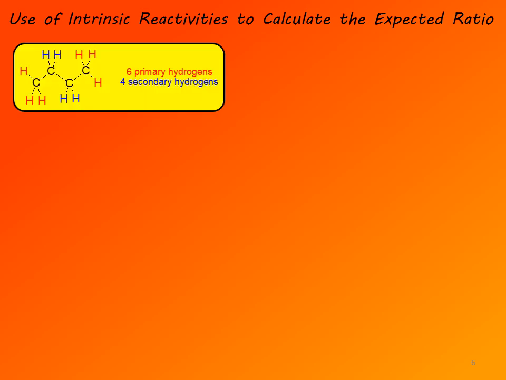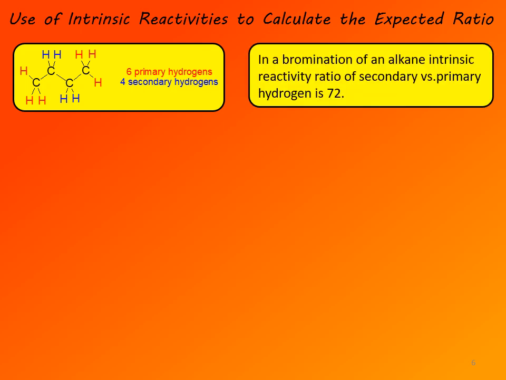So we can again look at the same compound, butane, with 6 primary and 4 secondary hydrogens, and now look at a different reaction. It has been determined in experiments that in a bromination reaction of an alkane, the intrinsic reactivity ratio of secondary versus primary hydrogen is 72.